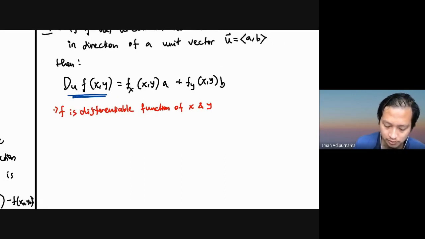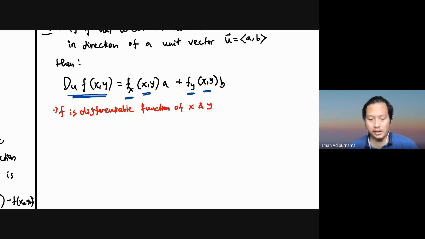What you need to write is, first, the partial. You plug in the point, x and y, inside the partial, and multiply with the component of the vector.